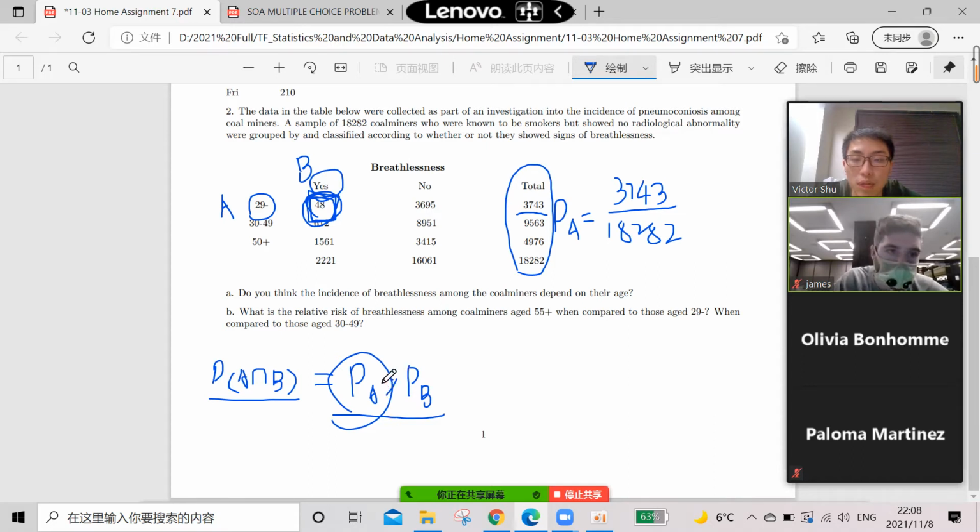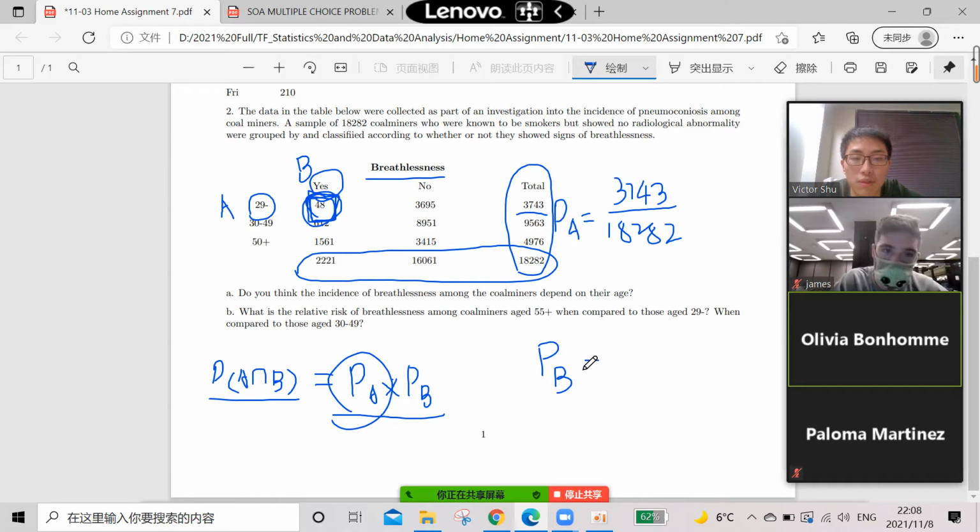And assuming independence, again we find the probability of having breathlessness. So instead of looking at the column, we're now looking at rows. So you're essentially just weighting everything, right? Yes, that's correct. So the probability of breathlessness is simply 2,221 divided by the total number of people, right?